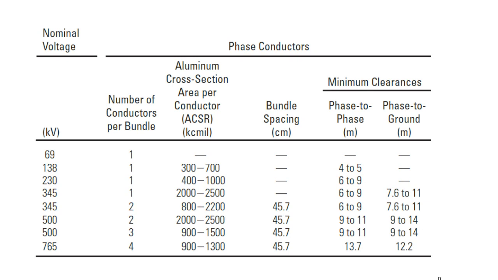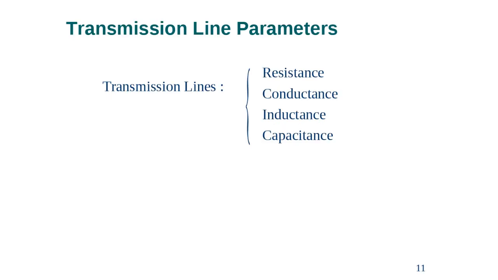And also, there are so many other advantages of bundle conductors, as we will come to when we talk about them. It's not only to carry more power. But for the time being, what you need to know is that when we go to higher voltage, we convert into bundle conductors per phase.